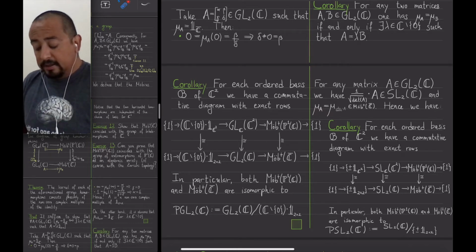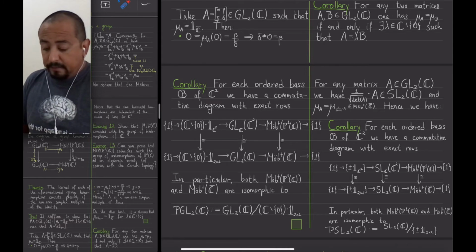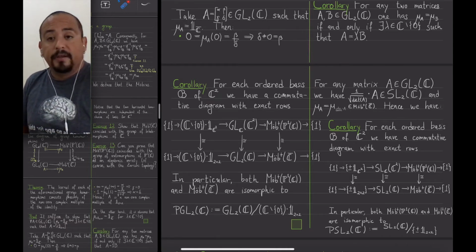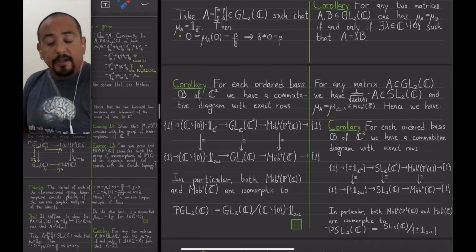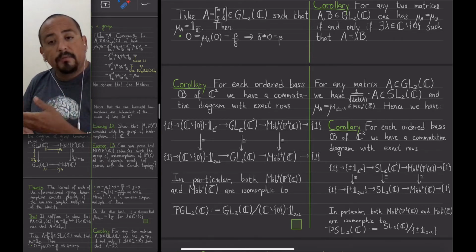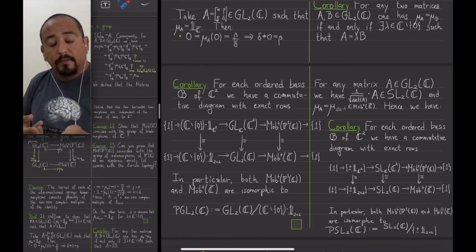Okay, so that's one thing. Now, next consideration. Well, of course, there is a very natural question. So we know that different matrices can give you the same Möbius transformation.